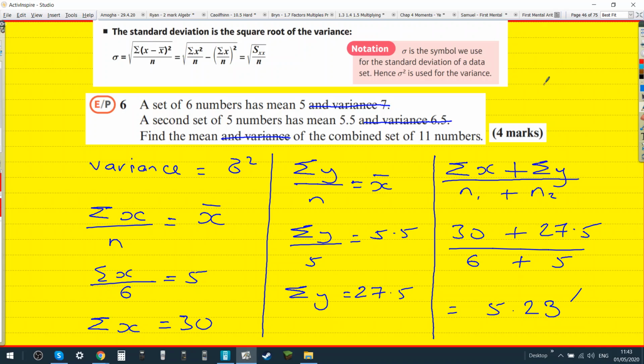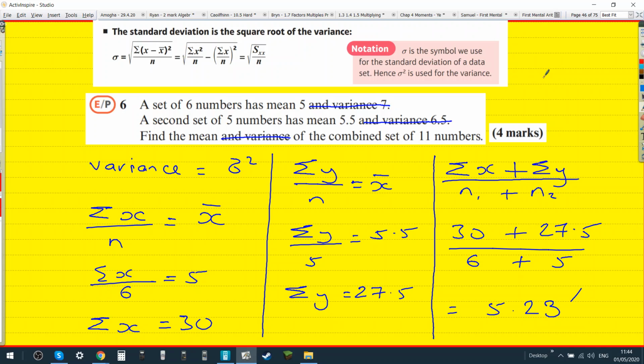What does sigma x mean? When I add up all the numbers in the set. Yeah. So what do you get when you add up all the numbers? 11.